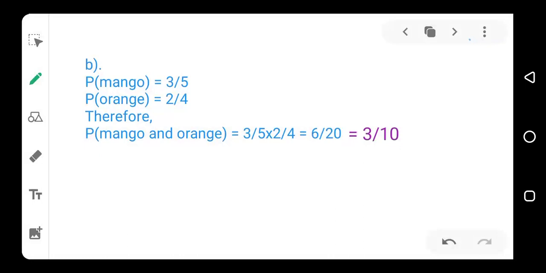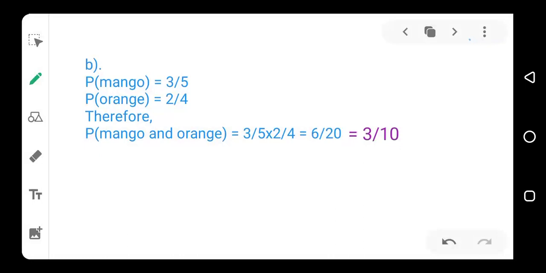Now we use the same formula for dependent events to get the probability that the first is mango and second is orange.